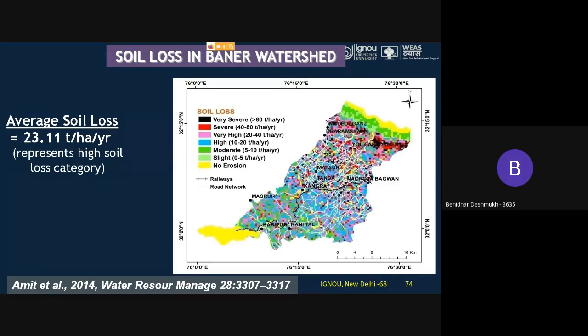This is again by Amitkumar. This was published in the Water Resources Management journal, and in that, using the revised universal soil loss equation, the rates of soil erosion were estimated for the Bonner river watershed in the Kangra, Himachal Himalaya.